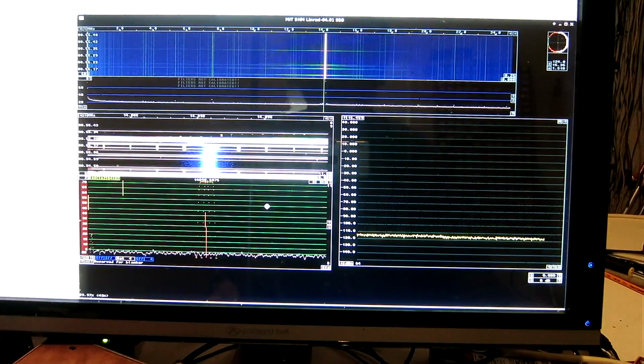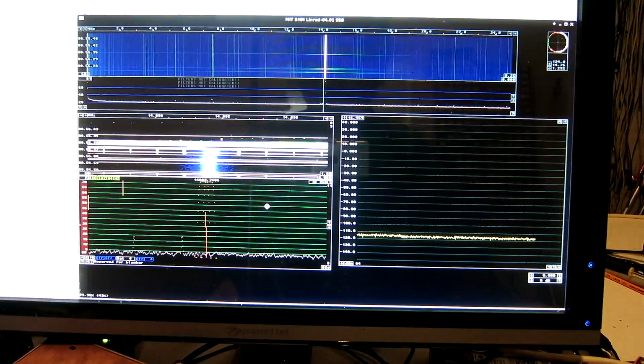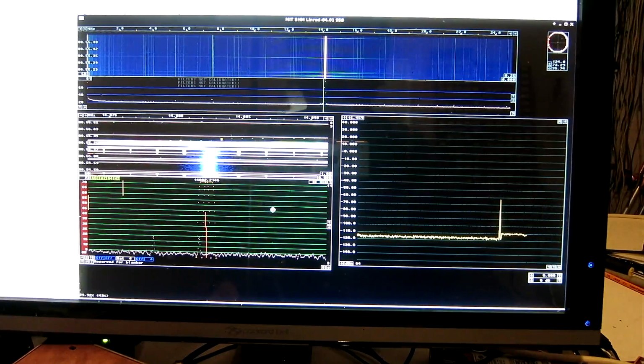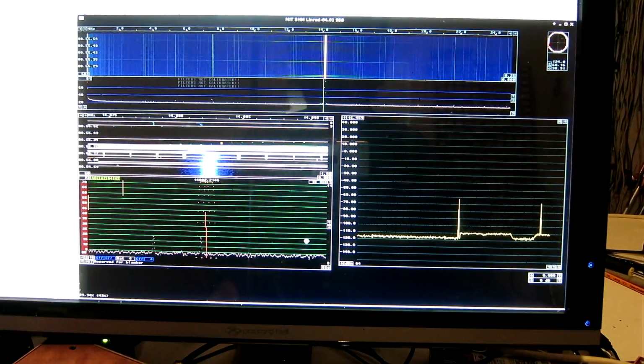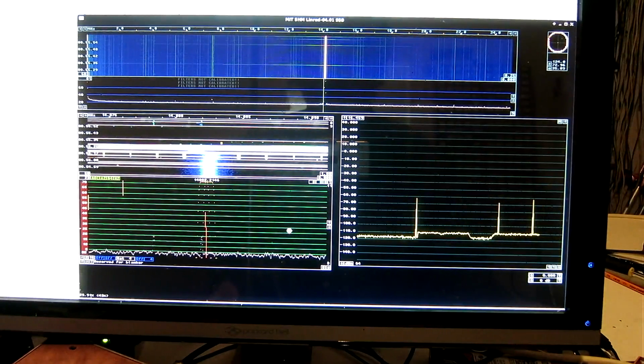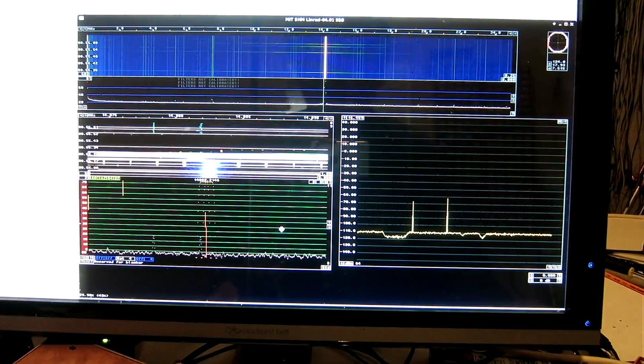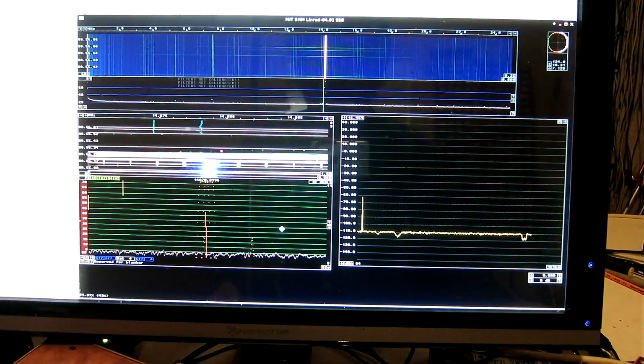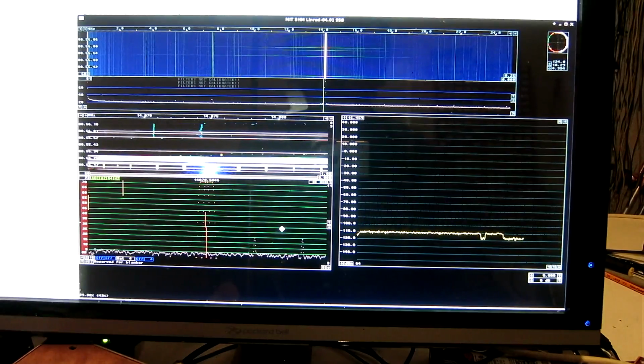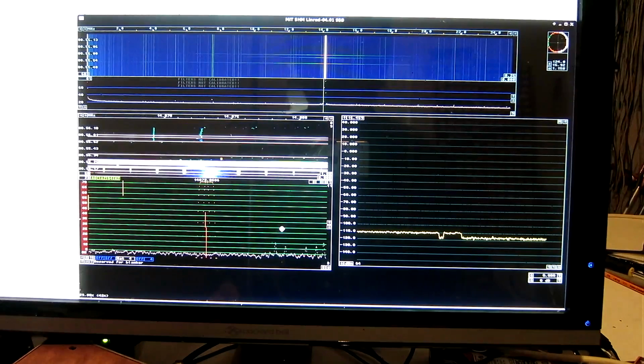Here are two spurs, closely spaced. I don't know what that could be, but probably something with the computer or the FPGA in the PCIe card. So this looks very good, doesn't it?